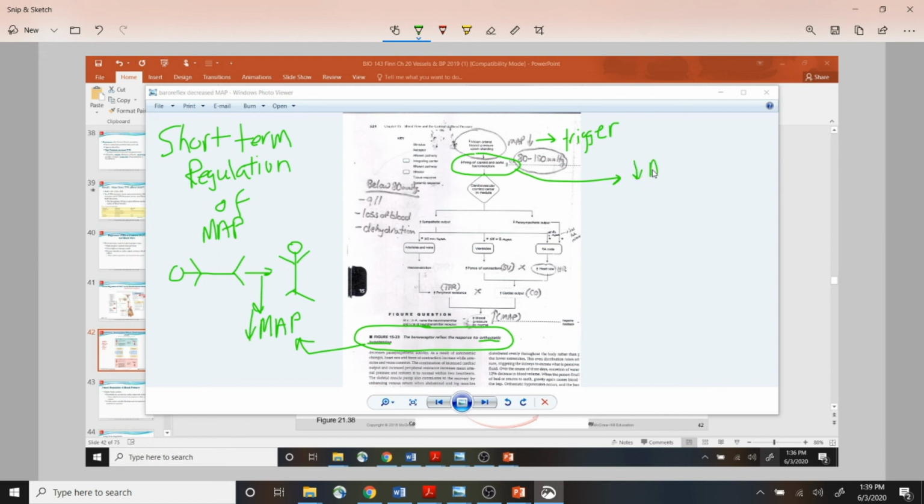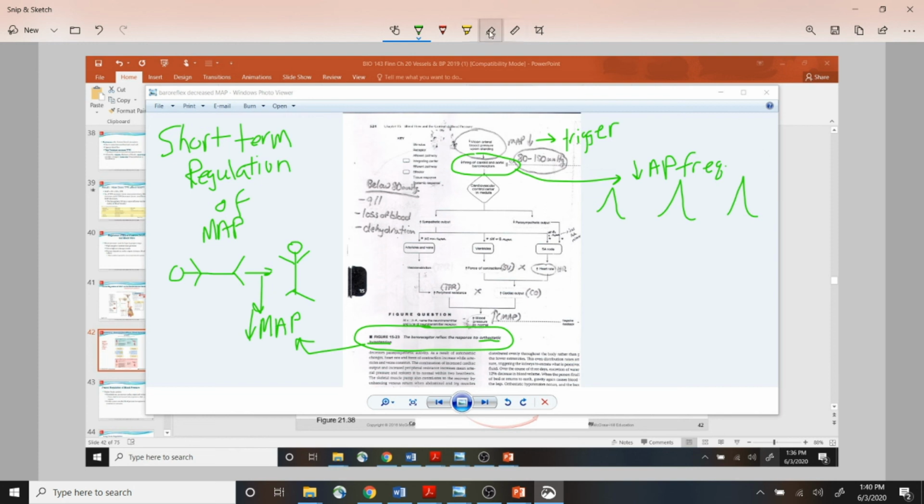The cardiovascular control center, I'm just going to draw a fictitious action potential here, just the depolarization and repolarization, is going to see very infrequent action potentials, saying there's less blood pressure. That decreased action potential frequency gets to the cardiovascular control center, and the cardiovascular control center goes, hey, the blood pressure is lower than normal.